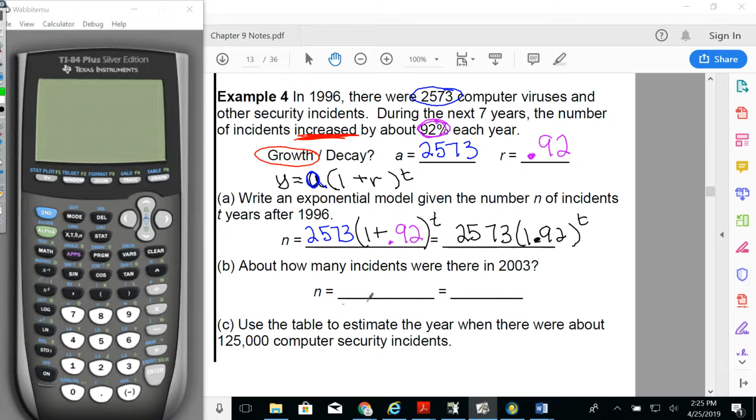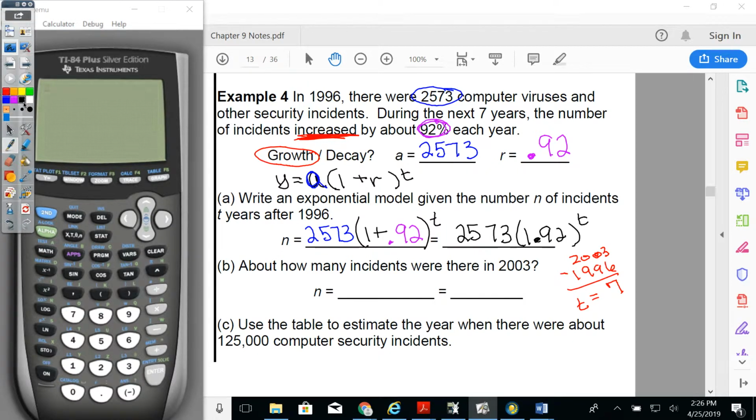So about how many incidences were there in 2003? So here we want to figure out what t is. So if we're in 2003 and it started in 1996, how many years away is this? We would just subtract 2003 minus 1996. That tells us that it was 7 years away. So that's what we're going to use for t, is 7.